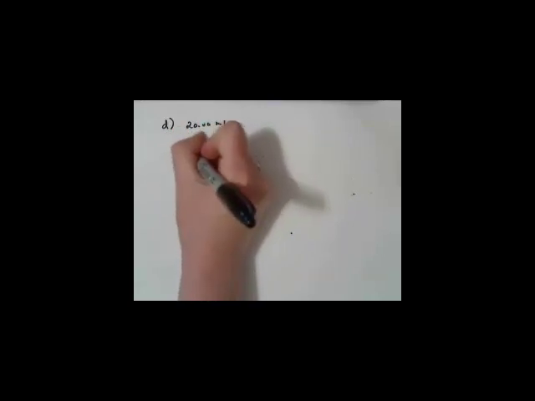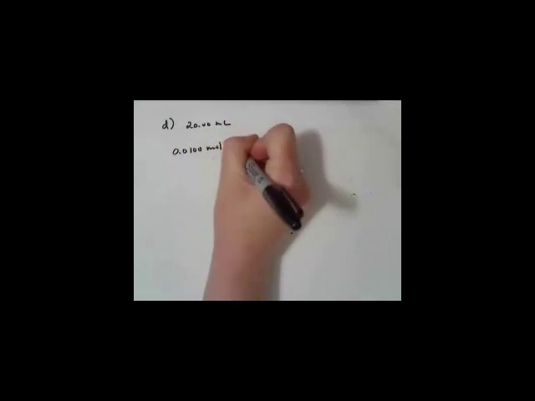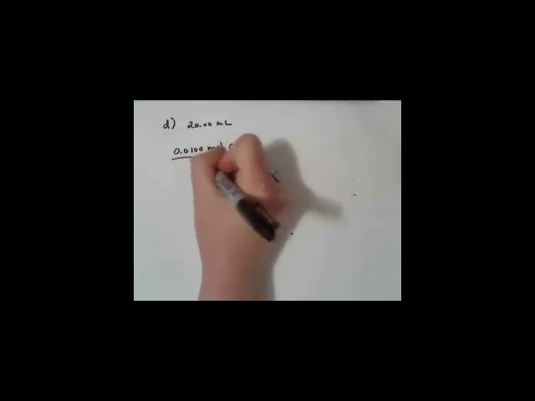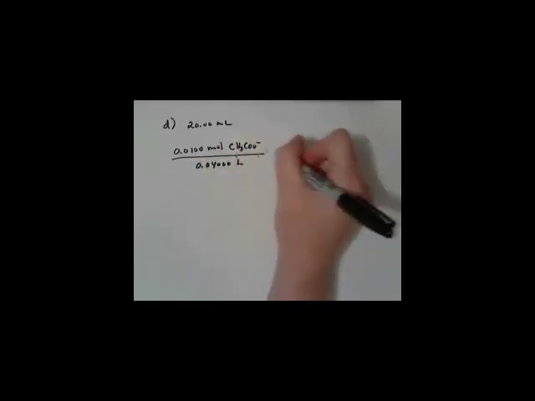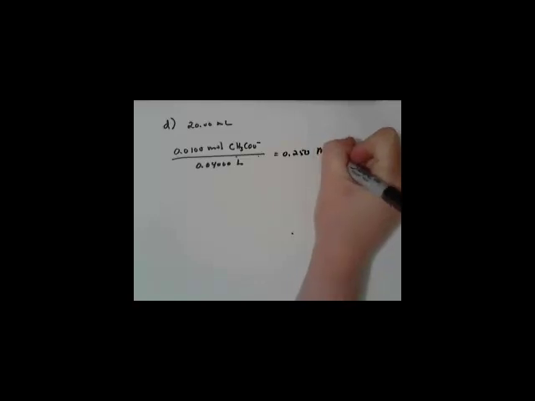We have 0.01 moles of acetate ion over 40 milliliters, or 0.040 liters, and that's going to give us a concentration of 0.25 molar of the acetate ion.